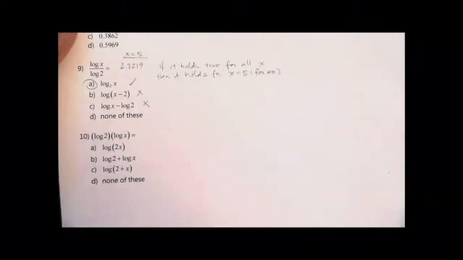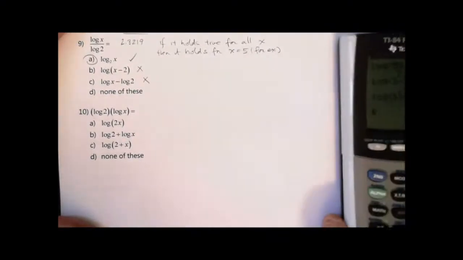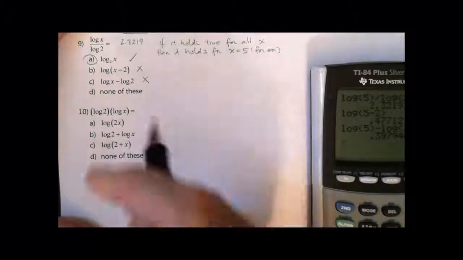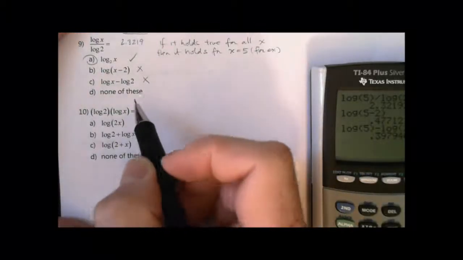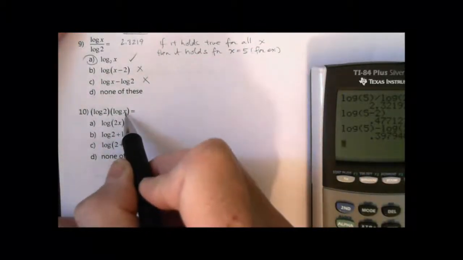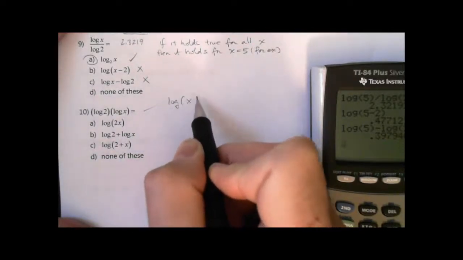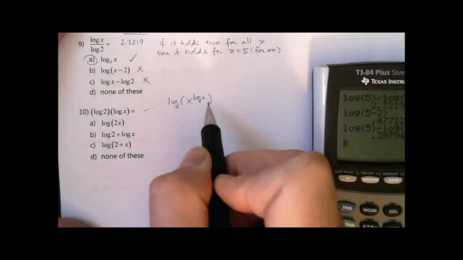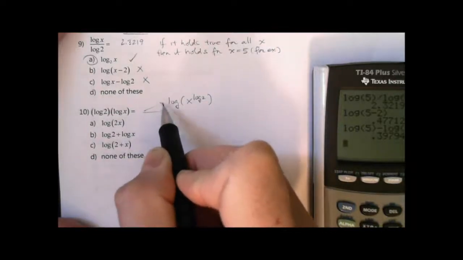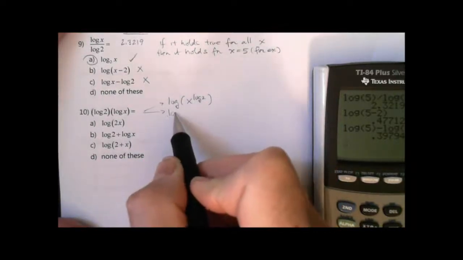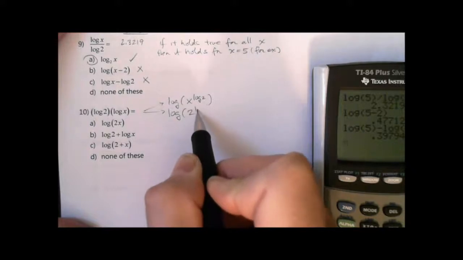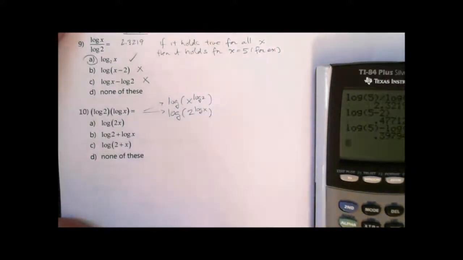And again, we can try it on here. Let's go ahead and see on this one. And you might check to see that this can be written in some ways. You can write it as the log of x to the quantity log of 2, or you can write it as the log of 2 to the log of x, but that's pretty much all you've got.